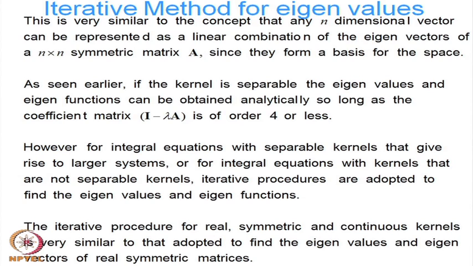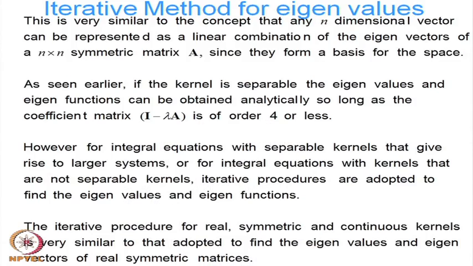This motivates why it is important to find the eigenvalues and eigenfunctions, because then we can use this beautiful property to represent any arbitrary function f of x, generated by operating with the kernel on any continuous function, in terms of the eigenfunctions. That is why it is very, very important to find the eigenfunctions.